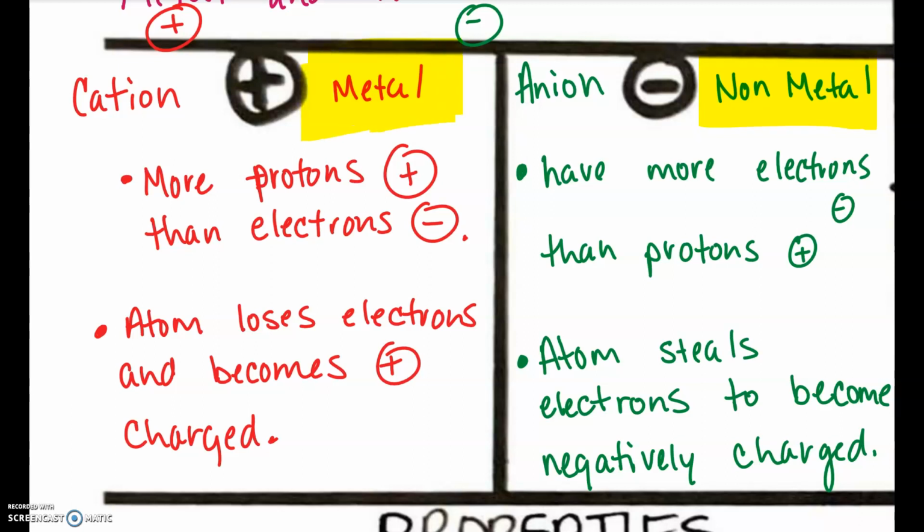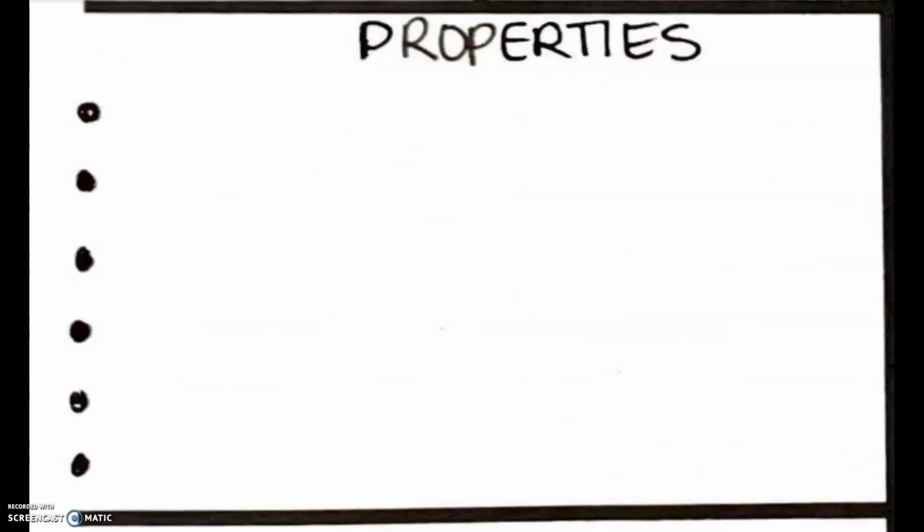This causes the electrons to be transferred from the metal to the nonmetal. When an ionic bond is created between two atoms, it creates an ionic compound. And ionic compounds have specific properties, so we're going to discuss some of those properties.